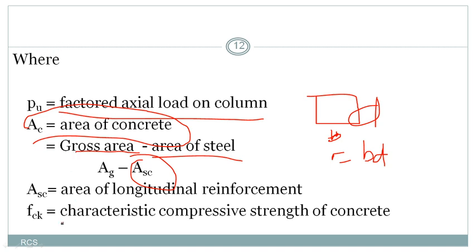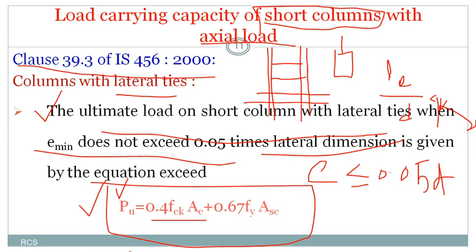And fck is the characteristic compressive strength of concrete. If you substitute all those values, Ac, Asc, fck and fy, in the formula, we will get the ultimate load carrying capacity of an axially loaded short column when it is provided with lateral ties.